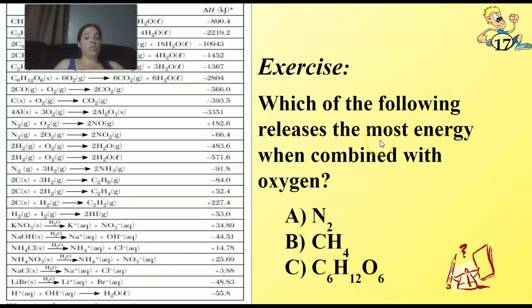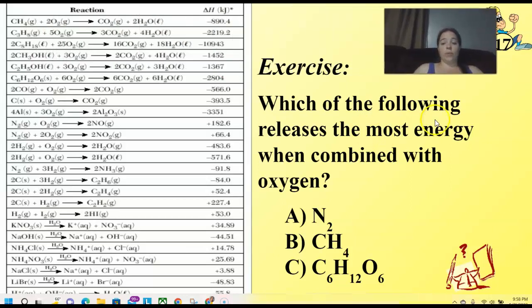Which of the following releases the most energy when combined with oxygen? So N2 plus O2, those are positive, meaning endothermic. Definitely not. CH4 all the way up here, we got negative 890 because that's with oxygen. Let's look at glucose or sugar.